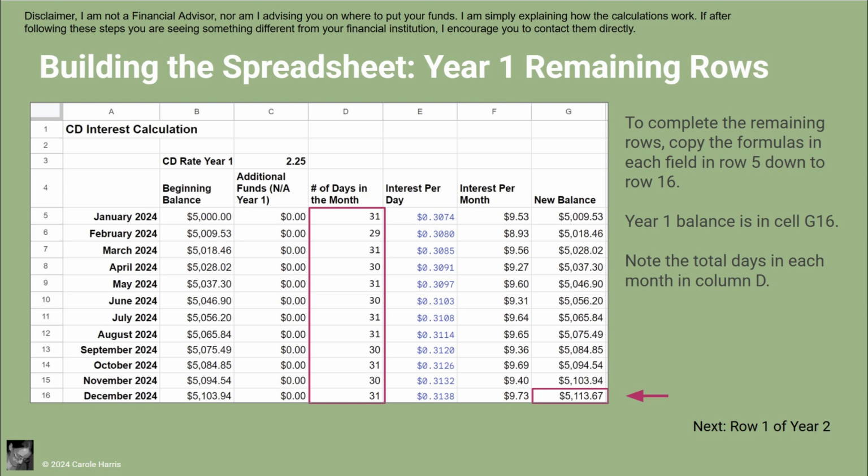To complete the calculations for the next 12 months, simply copy the formulas down to the row labeled December. When this CD matures at the end of 12 months, the new CD value is in cell G16. Note the number of days in the month column, specifically February with 29 days.